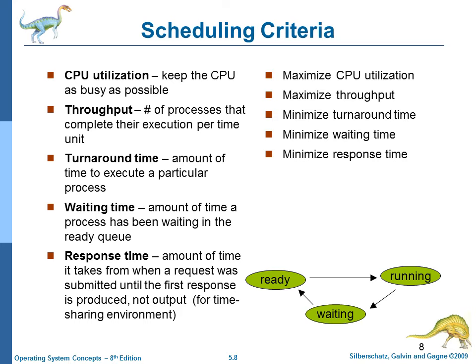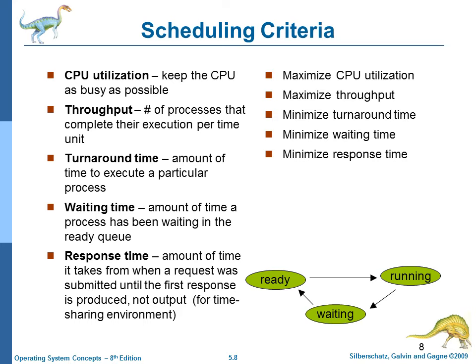Scheduling criteria. There are several different criteria to consider when trying to select the best scheduling algorithm for a particular situation and environment, including CPU utilization. Ideally the CPU would be busy 100% of the time, so as to waste 0 CPU cycles.